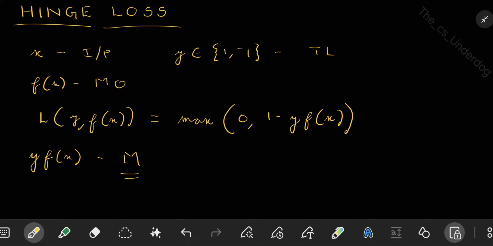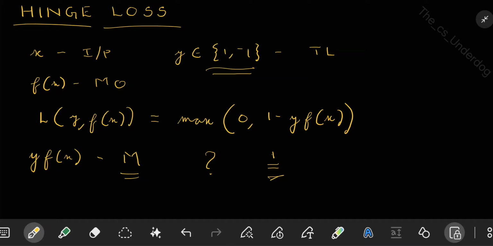Margin is going to tell you how well the model agrees with the true label. Let us say you already know the true label is 1 or minus 1. Let us say for this case the true label is 1. Then y into f of x will tell you how well your model agrees with the true label, given that the model found some f of x. This is what y into f of x is going to tell you.